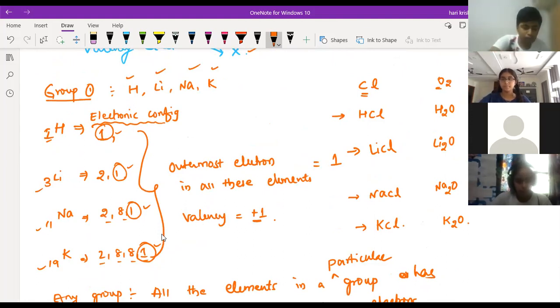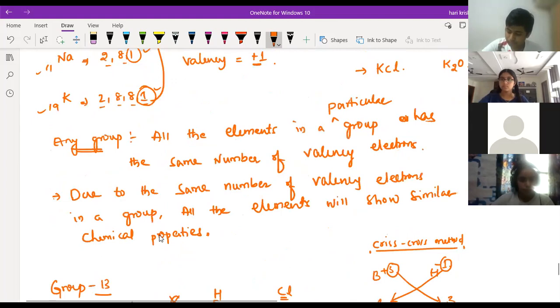Because of the similarity in valence electrons among the elements in a group, they show similar chemical properties.